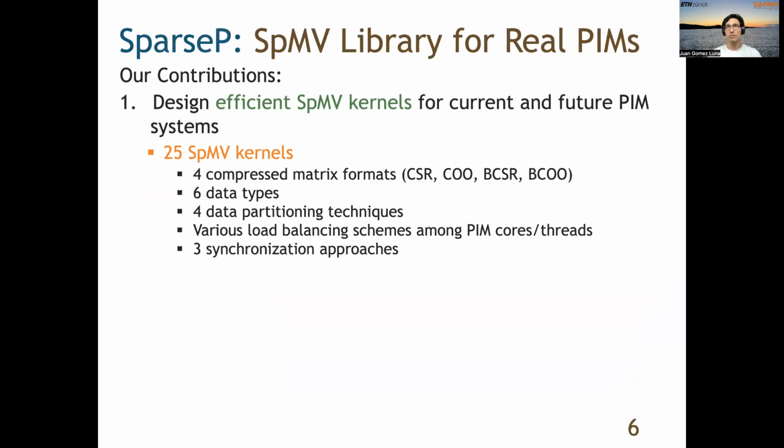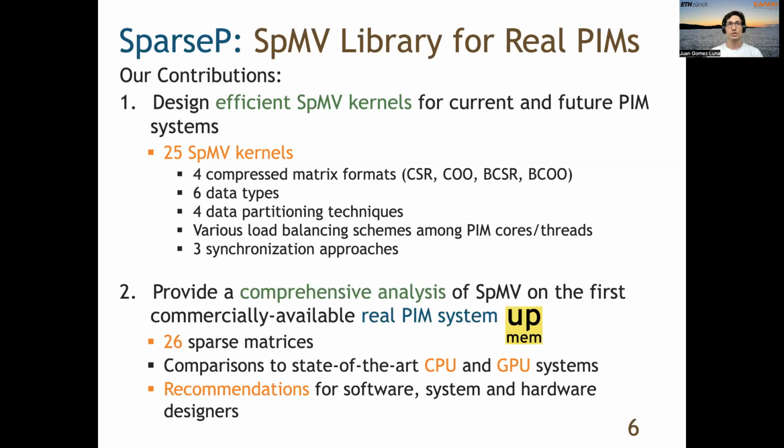SparseP is an SpMV library for real processing-in-memory systems, and as you will see, SparseP is composed of 25 SpMV kernels spanning different matrix formats like CSR, COO, BCSR, and BCOO, data types, different data partition techniques, different load balancing schemes, and also different synchronization approaches.